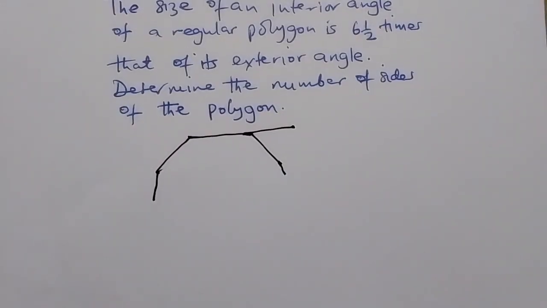So this is our sketch of the polygon. The size of an interior angle of a regular polygon is 6.5 times that of its exterior angle.